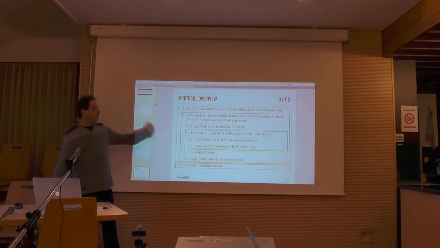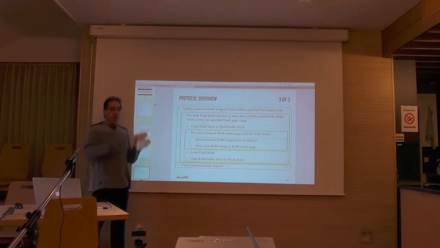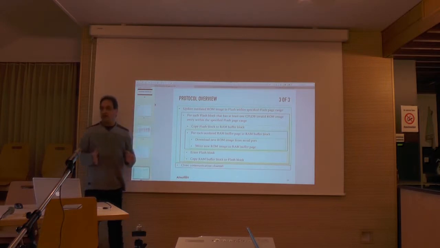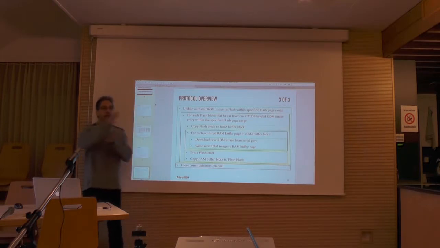So when it does a flash update, it's basically taking the scan that it did previously, and then for each block, because flash works in blocks of 64K in this kind. If you want to update only one ROM image of the 64K, we need to take the 64K from flash, copy that into RAM, download the new ROM, or multiple ROMs, into that block, then erase the flash and copy the RAM back into flash.